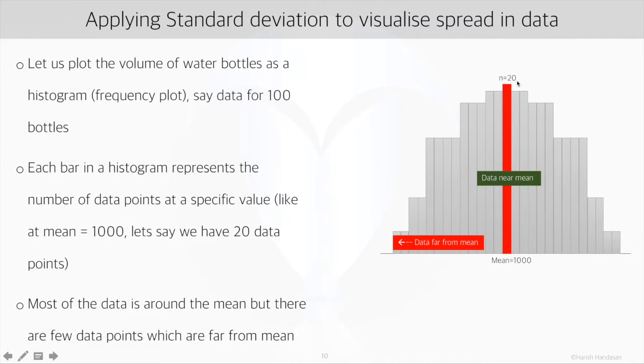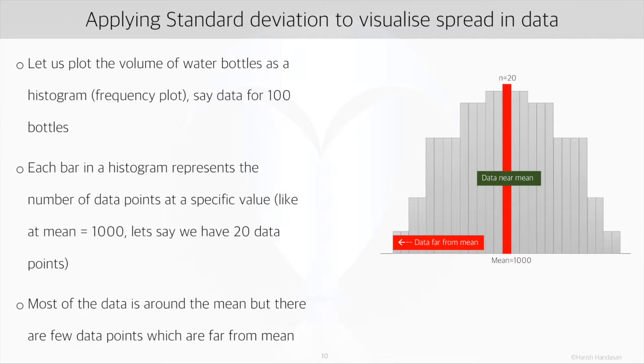Looking at this histogram, obviously the peak is at the center. So the majority of the samples are around the mean. That's good news as the process is producing many of the products precisely meeting the customer expectations.